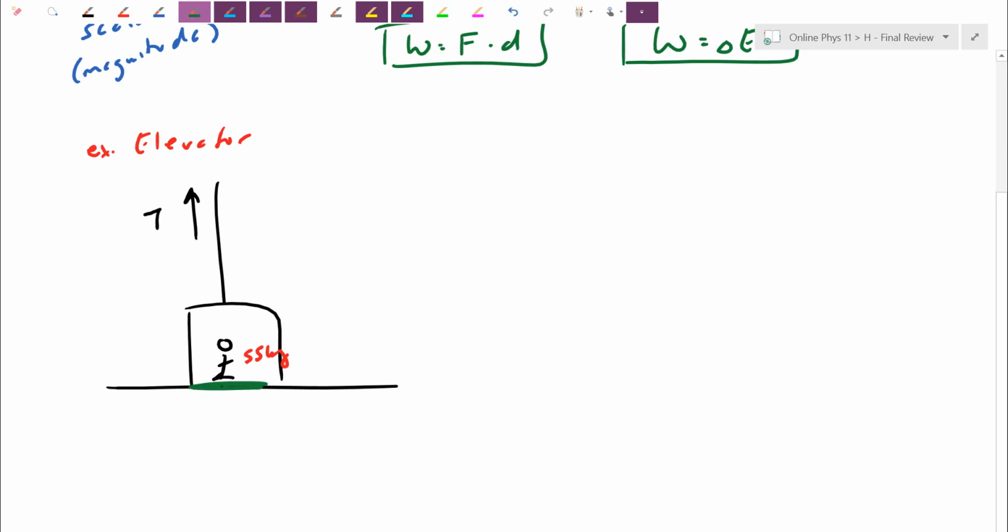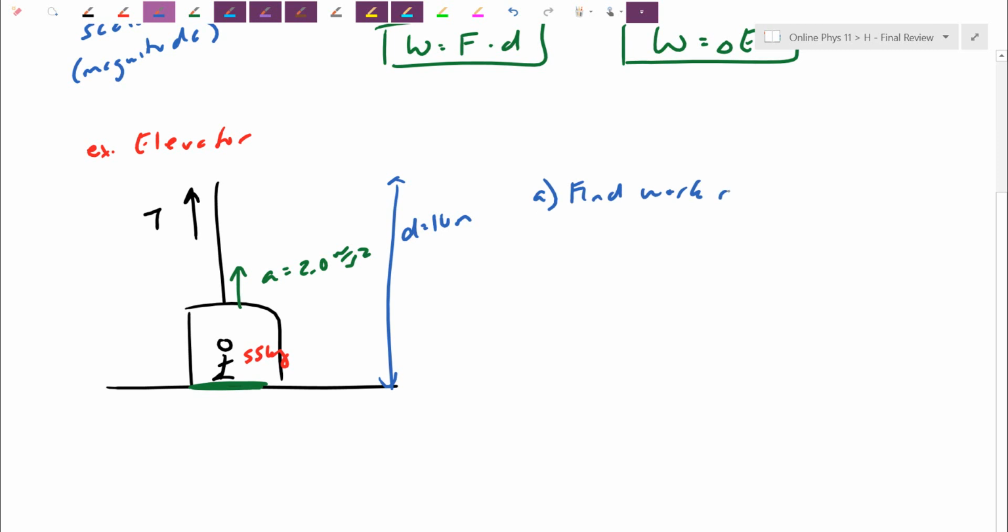Let's say after you press the button in the elevator here, the acceleration rate at this point here happens to be 2 meters per second squared. After every second, you speed up by 2 meters per second. And let's say to reach my floor, we end up accelerating for a total distance of 10 meters. I want to know in this question here, see if you can find the work done by gravity.